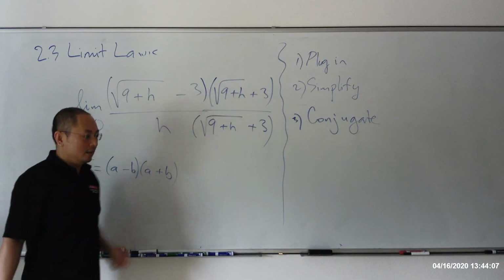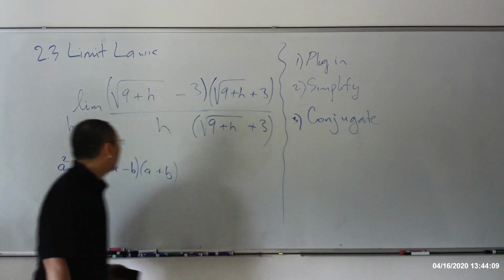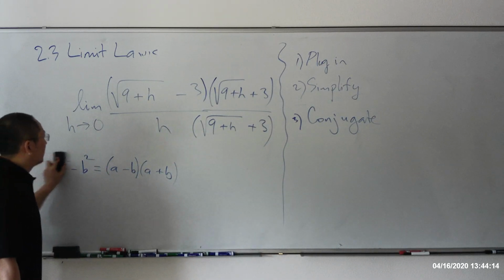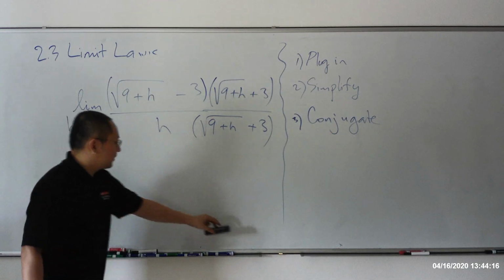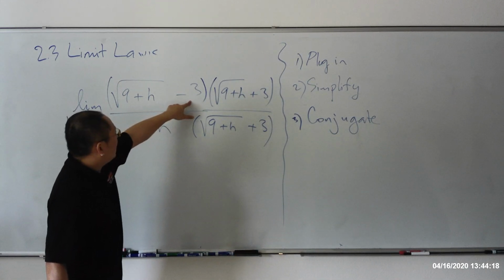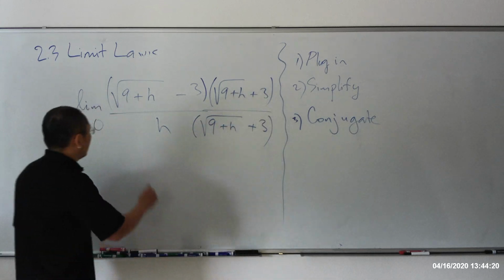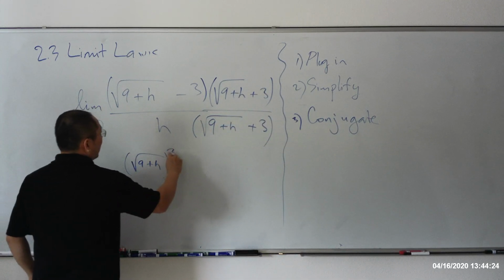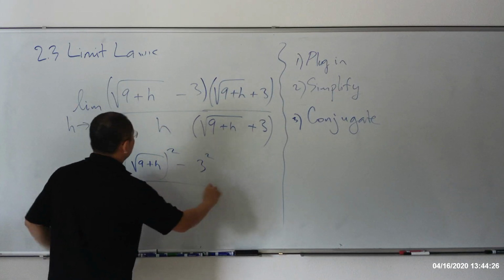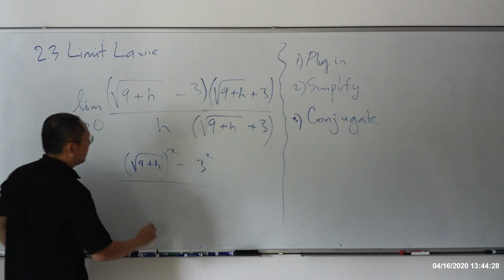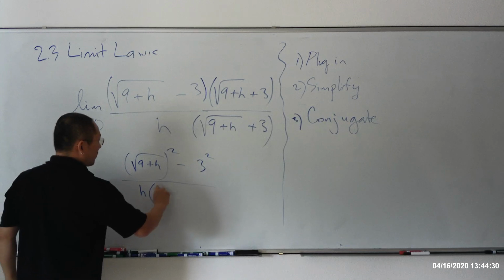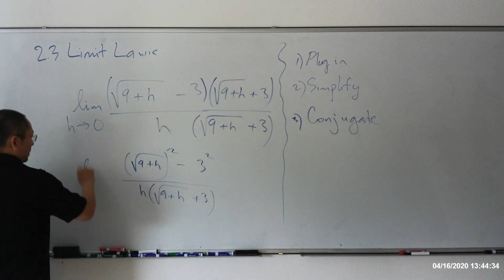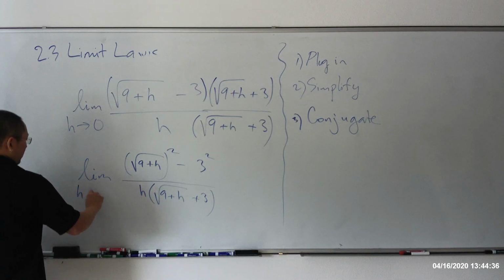We apply the difference of squares to simplify our fraction. So a minus b times a plus b is really (square root of 9 plus h) squared minus 3 squared, over h times (square root of 9 plus h plus 3), limit when h approaches 0.